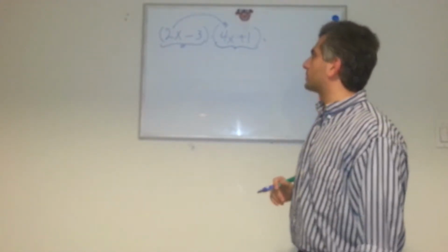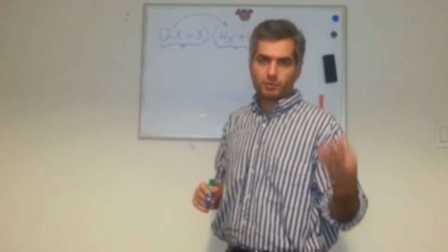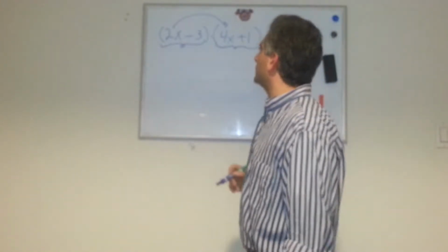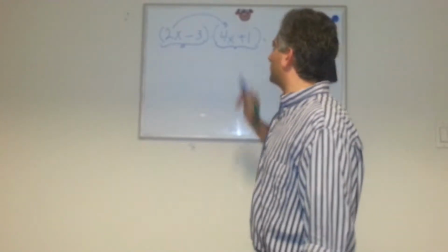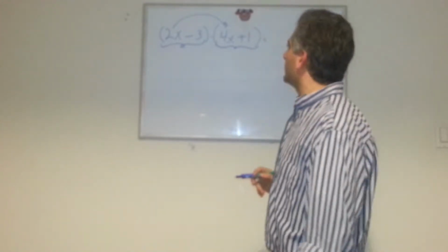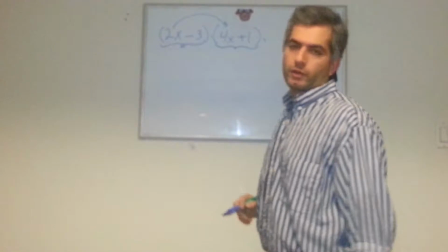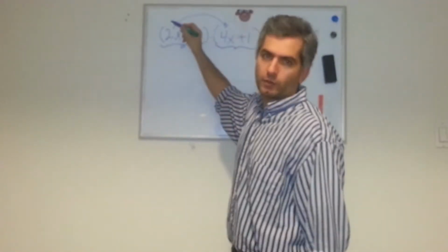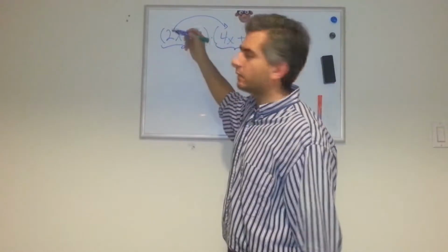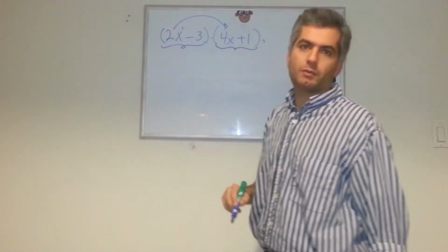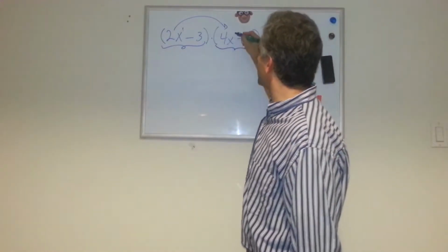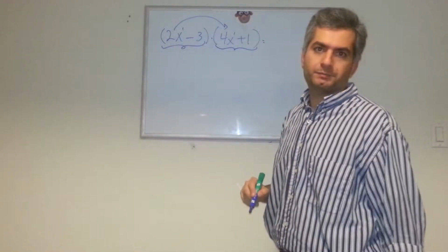So we just multiply. Now if you remember from your previous years, whenever you're multiplying a variable by a similar variable, the exponents are combined. Now if you notice, the 2x has no exponent. When it's like that, it means that it has an exponent of 1. The same thing with the 4x, it has an exponent of 1.